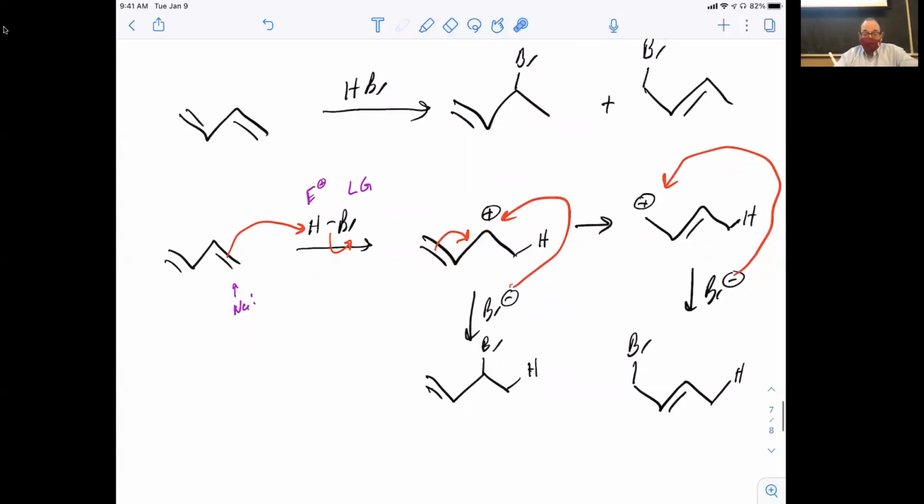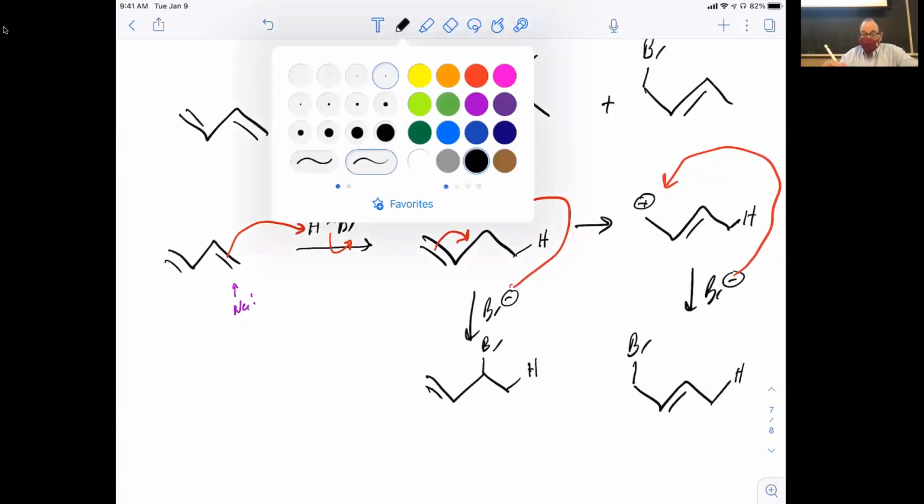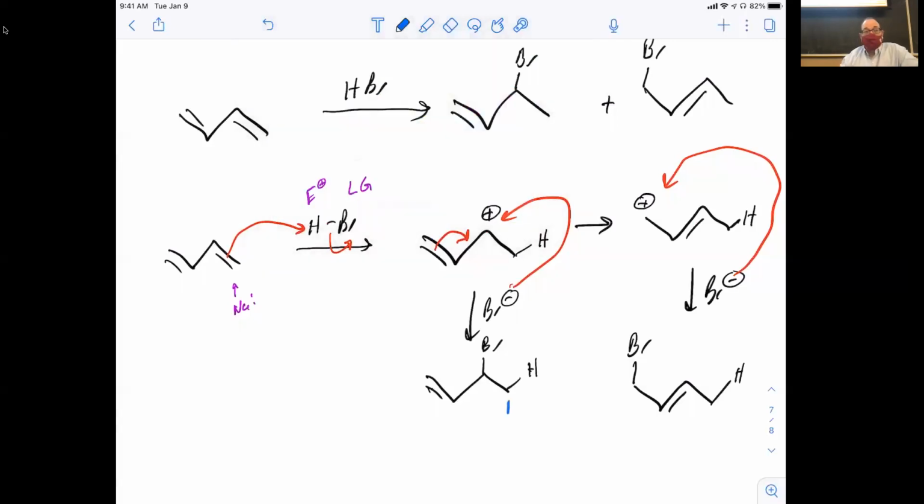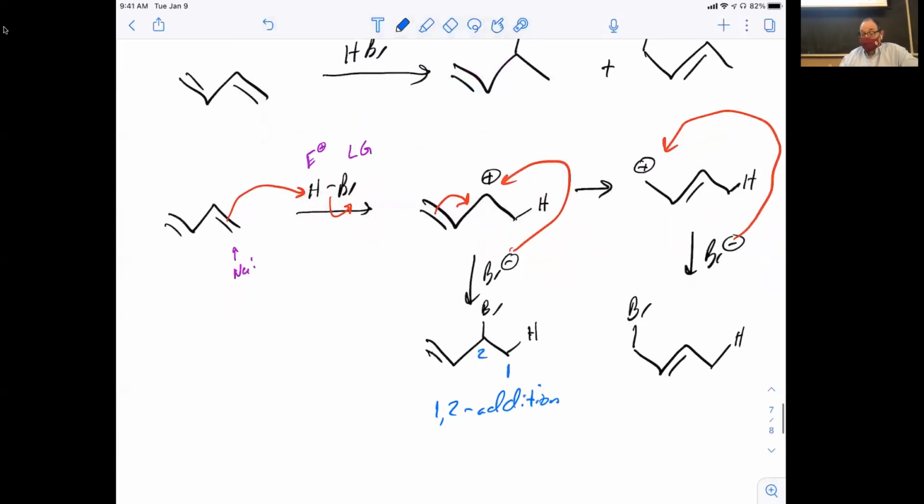Now, terminology is important here, so let's go through that. If we look at where our hydrogen is attached, let's call that 1. Doesn't matter what the nomenclature is, wherever the hydrogen is attached, that's 1. What would I call where the bromine was attached? That'd be the 2, right? So this is a 1-2 addition. Over here, again, where the hydrogen is attached is 1.